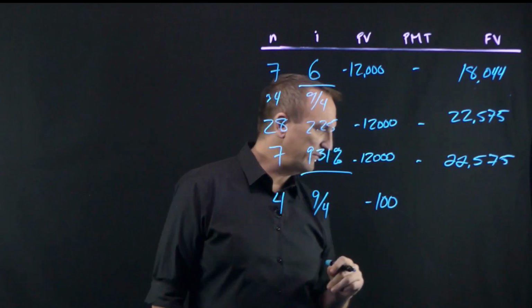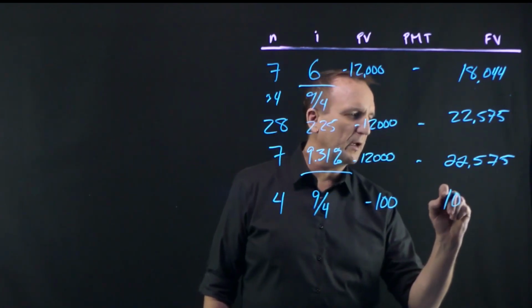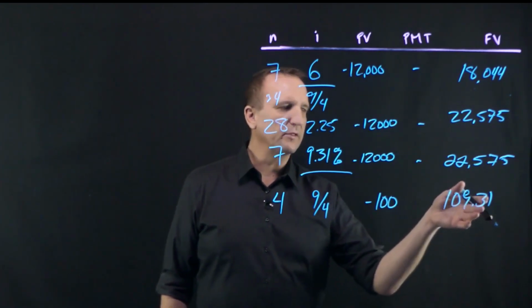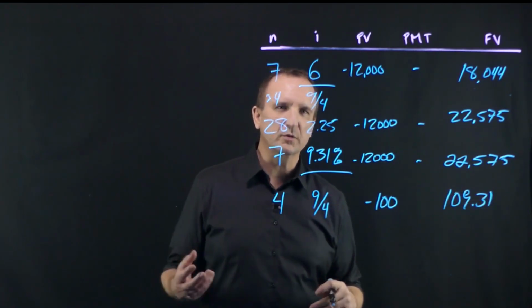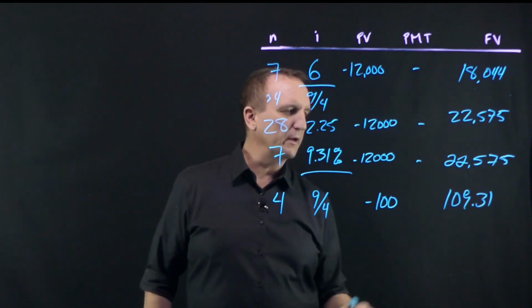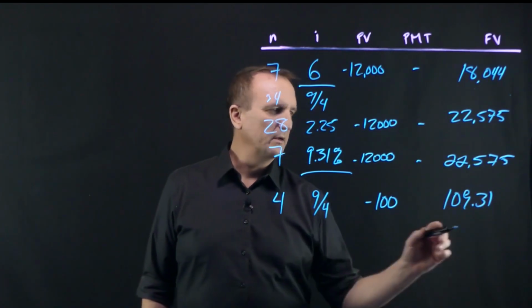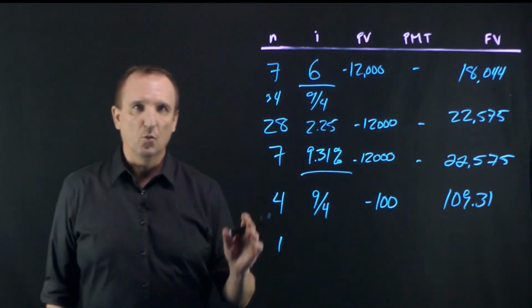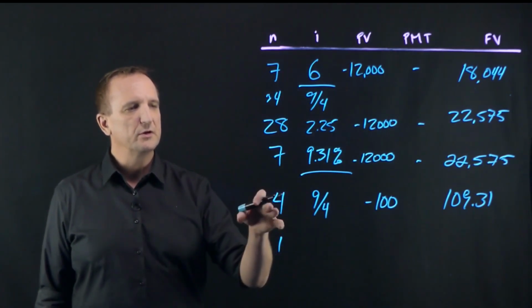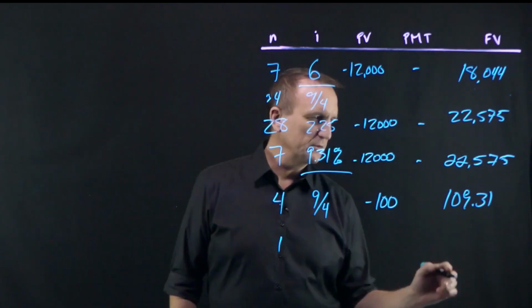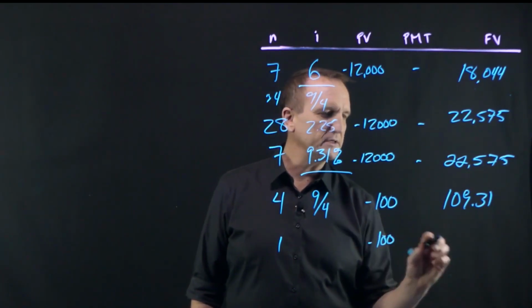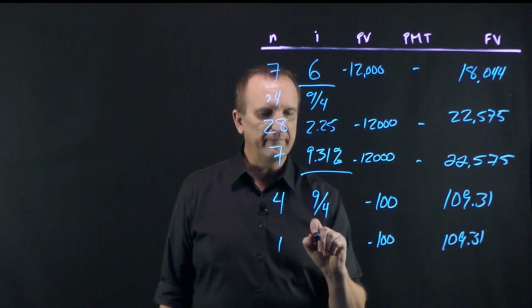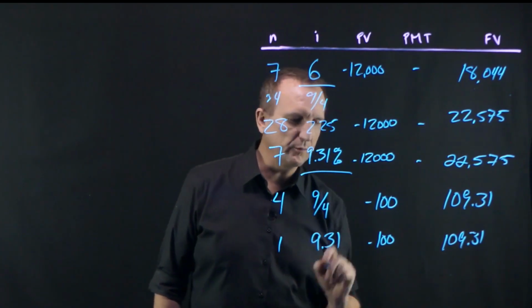At the end of that, we would have $109.31. So that means we made $9.31 of interest. Now, if you go back and you look at that same number, 109.31, and you just did it with 1 period, so change your number of periods to 1, and if you had a $100 deposit and you made $109.31 out, you would get an effective annual rate of 9.31%.